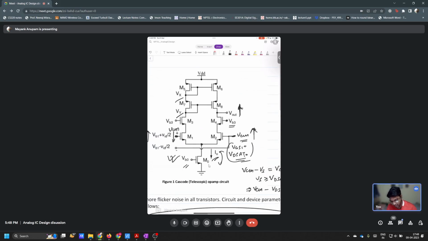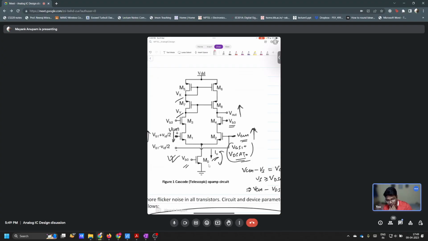M8. M8 should be in saturation, right? Yes, sir. And also M6 should be in saturation, not only M8. When you start moving V out, this node will also move, right? Yes, sir. So M6 and M8 both should be in saturation, correct?